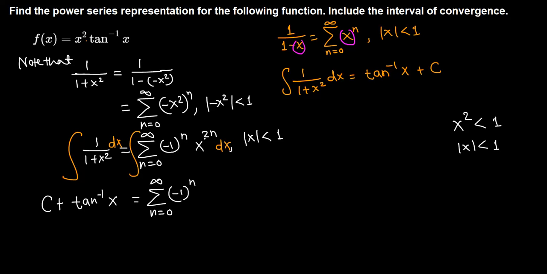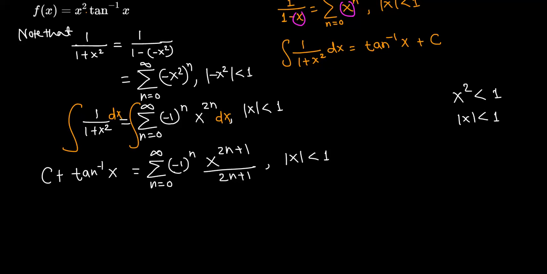When we integrate x raised to 2n, this becomes x raised to 2n plus 1 divided by 2n plus 1, and this is valid when absolute value of x is less than 1. This is simplified already: x raised to 2n plus 1 over 2n plus 1.